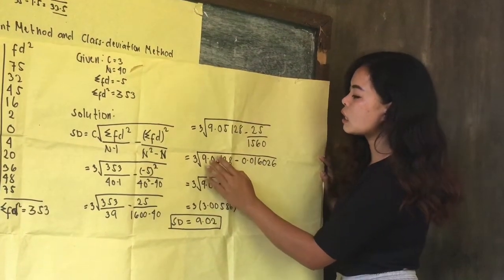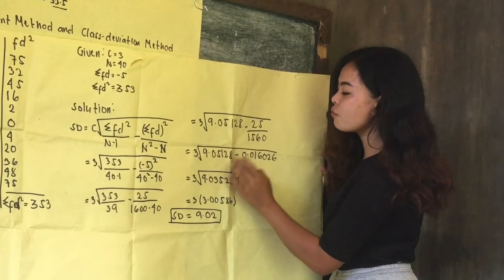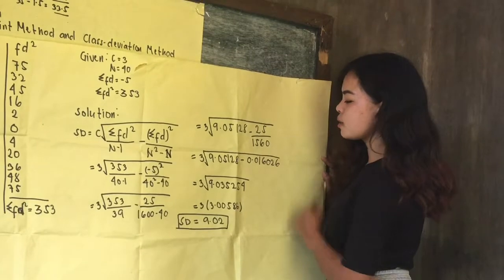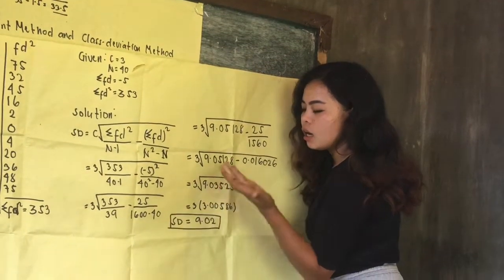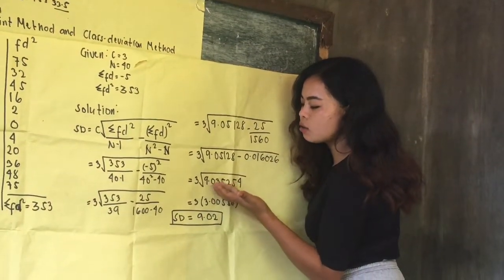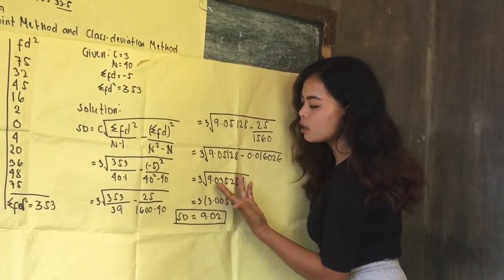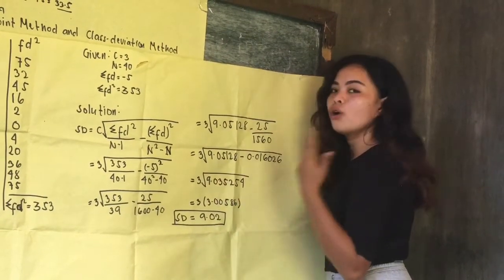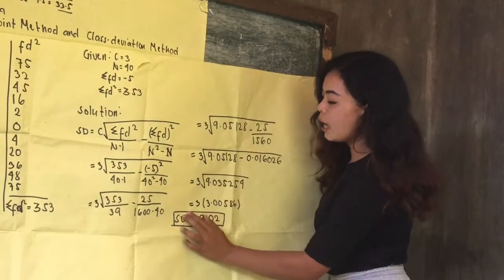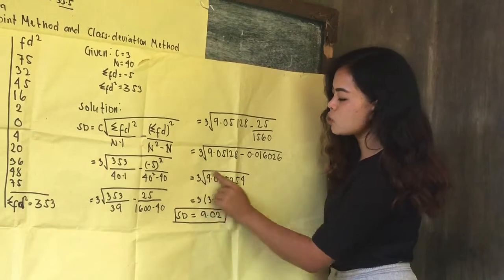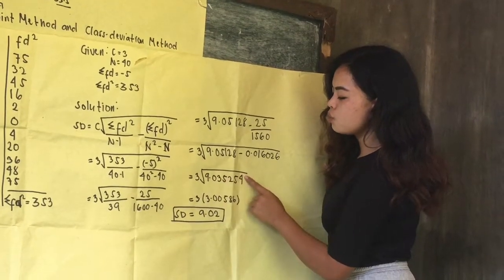So 9.05128 minus 0.016026 is 9.035254. Then copy the class interval of 3 and get the square root of this value.